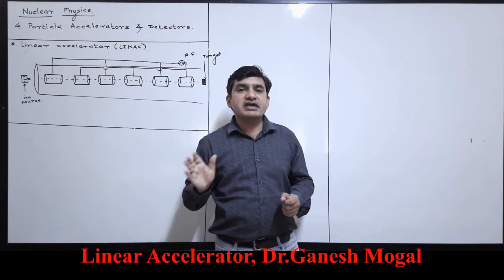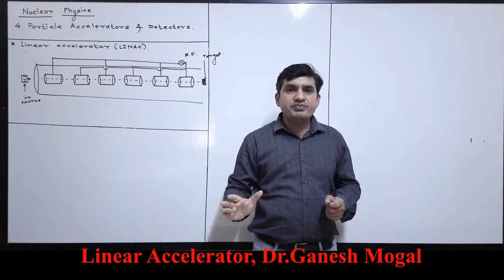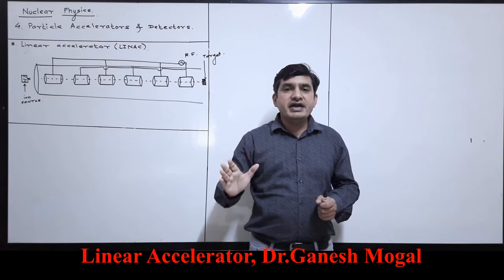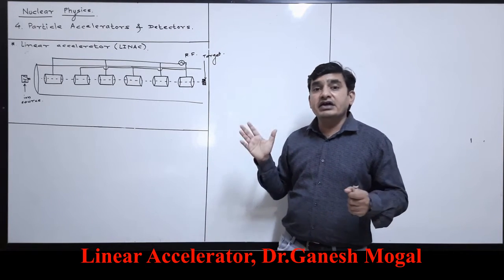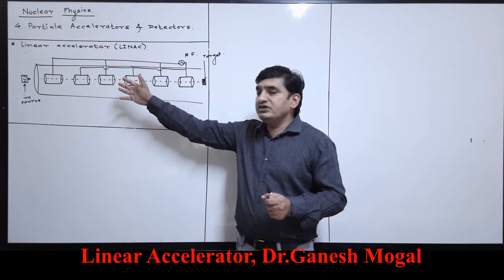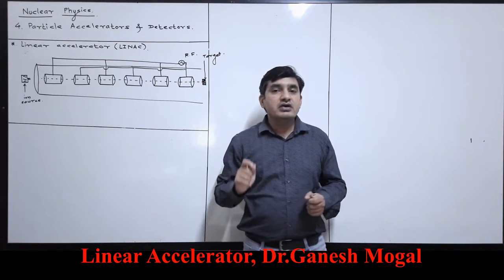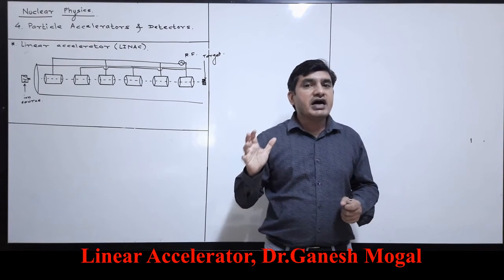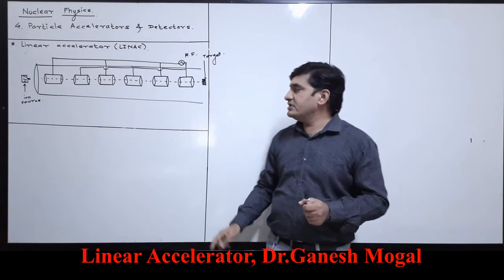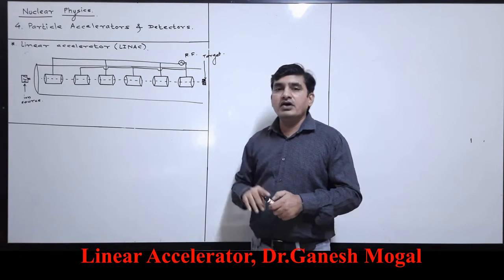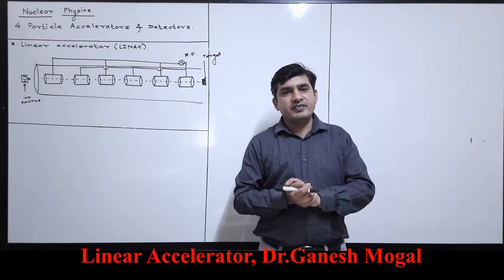This process is carried out so that the velocity and kinetic energy of the charged particle increase tremendously as it passes through these electrodes. These high energy, high velocity charged particles are bombarded on the target to study the nuclear reaction.